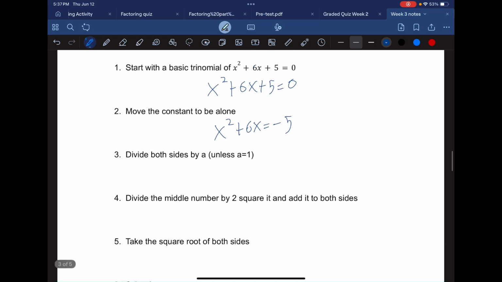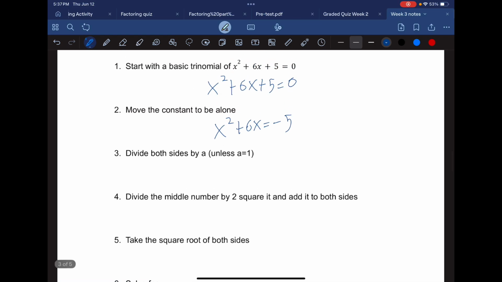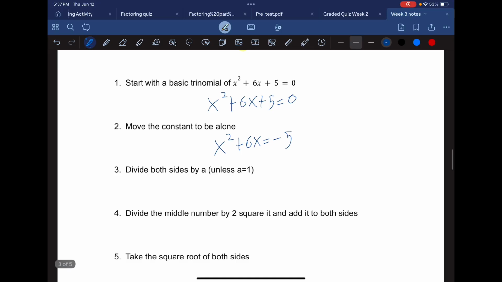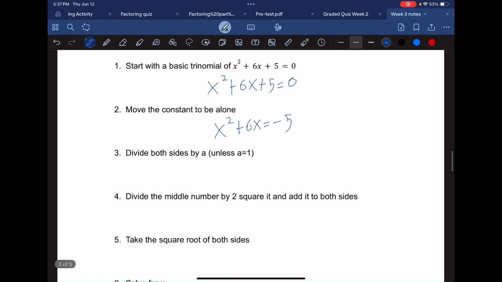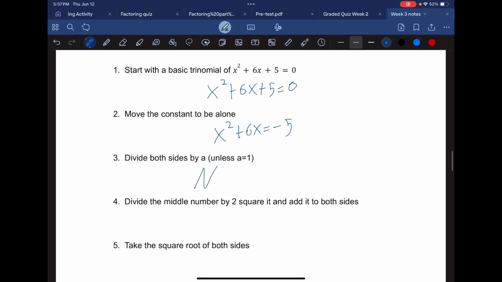All right. So yep, we're moving the constant to be by itself. And then we're looking at our a term. And if our a term is anything but 1, we divide by our a term. We'll have an example of that later, but we just divide the entire expression by our a term. But for this one, that is not applicable.